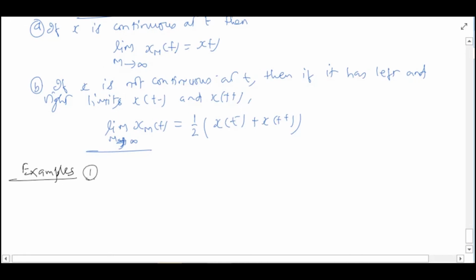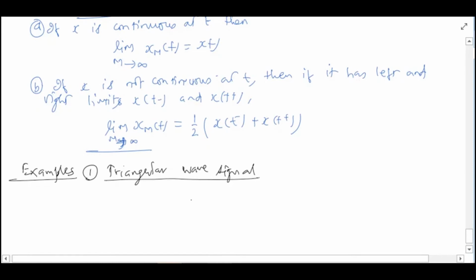Let us again go back to the triangular wave example that we saw just a while ago. Notice that for this signal x(t) is continuous everywhere.